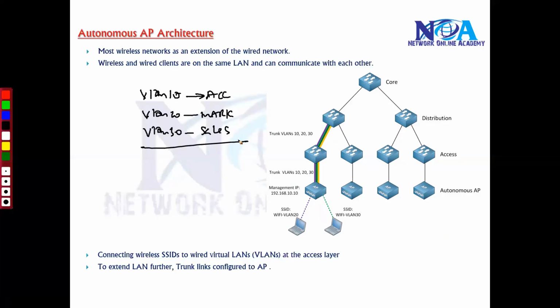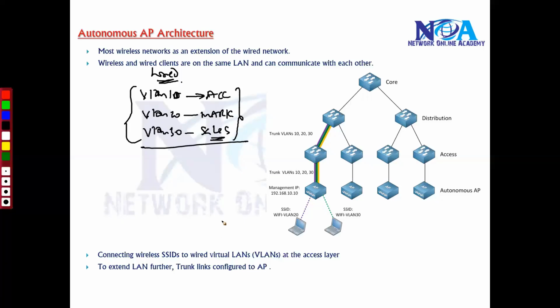Technically, on the wired network we create the VLANs, and based on the VLAN you assign the ports. So logically it separates each individual department, and there will be some trunk links. You know the concept of the wired network, so I don't want to get into that.